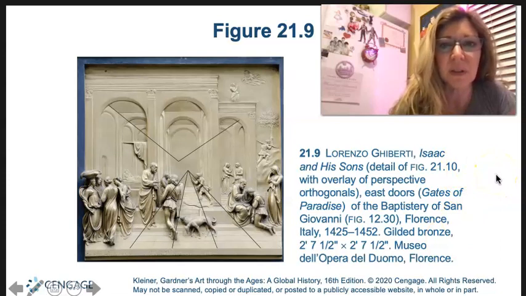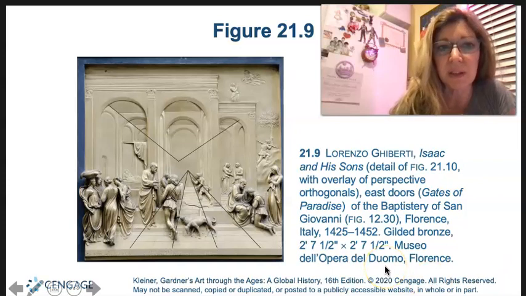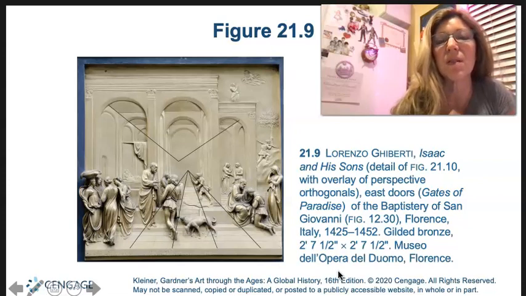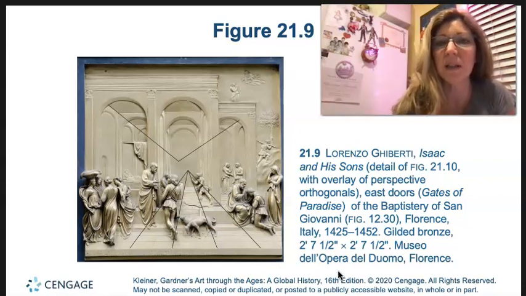Okay, so this one's really, really famous. In Ghiberti's Isaac and His Sons, the artist's study of ancient art is especially apparent in the figure of Rebecca. I should have looked that up, but I think this is her. I don't know for sure. Lorenzo Ghiberti actively collected classical sculpture. So he's going back to Grecian and Roman times and collecting those sculptures to inform his work.